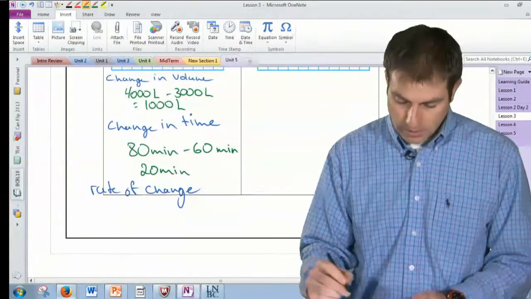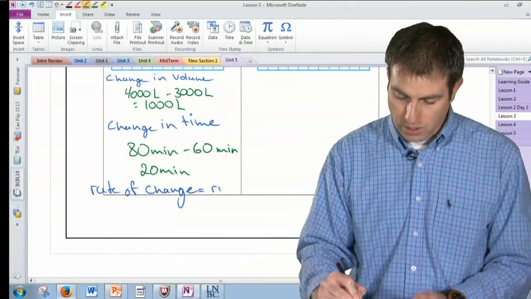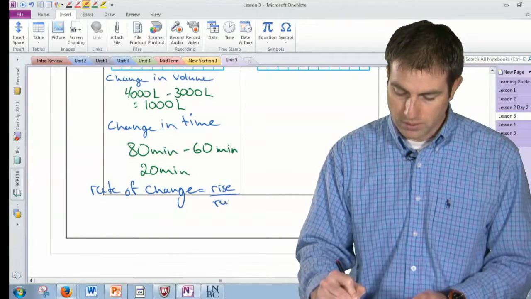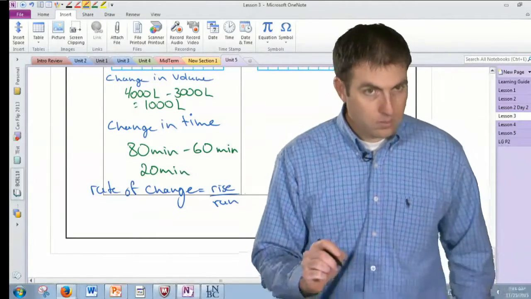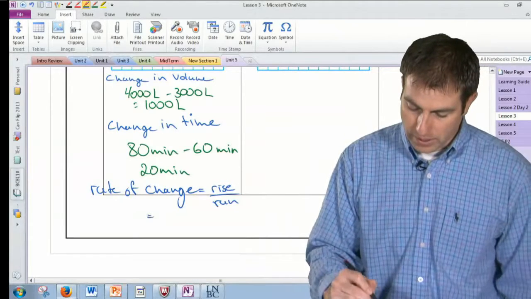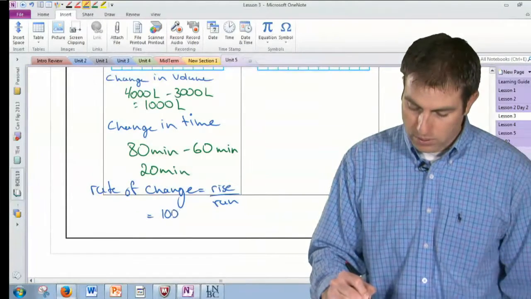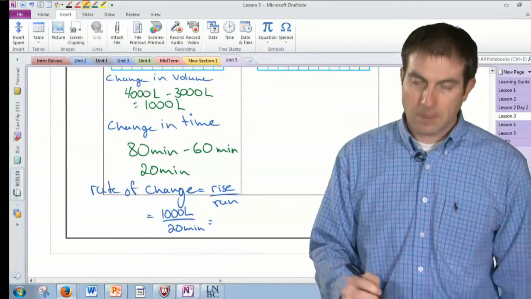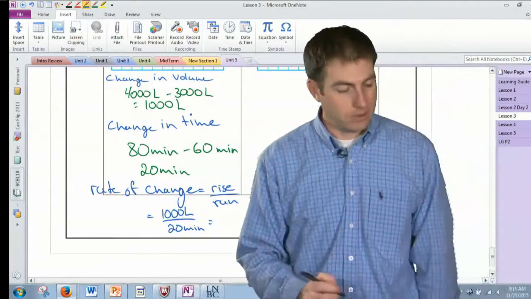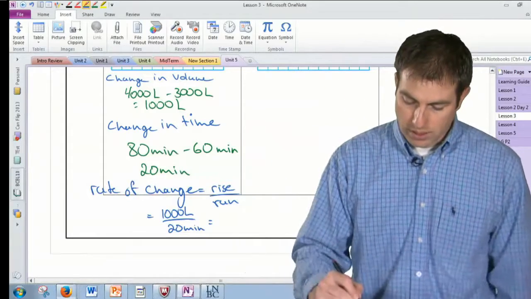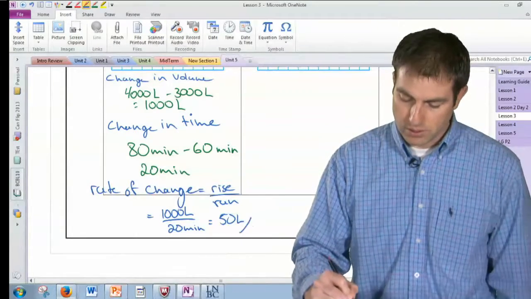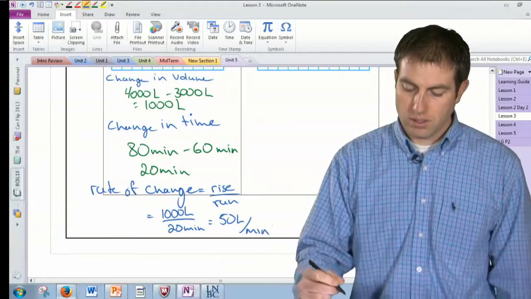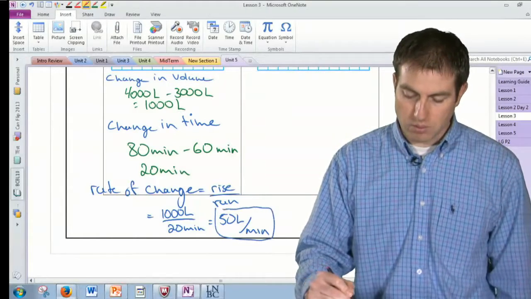And a quick way to write this is rise over run. And in this example, we had a rise of 1,000 liters divided by a run of 20 minutes. 1,000 divided by 20 should end up with 50 liters per minute. So the rate of change is 50 liters every minute.